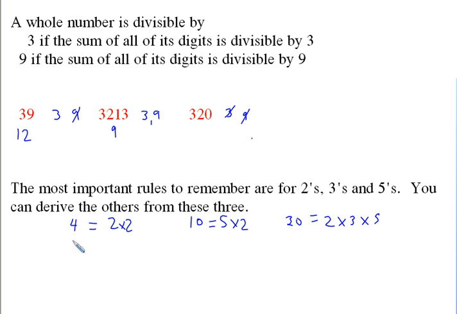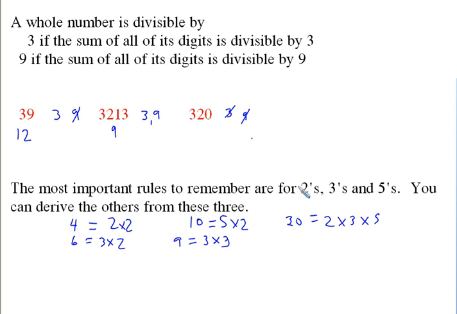And as I said before, if it's divisible by 6, it's going to be divisible by 3 and 2. If it's divisible by 9, it's 3 twice. And so on. And lots of different options here. If it's divisible by 8, then it's just going to be divisible by 2 three times.